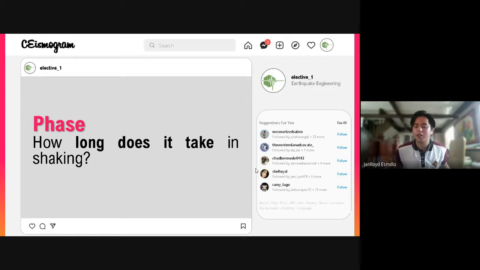It deals with the duration. And phase follows a specific pattern. Di ba pag sinabi natin phase, like in meiosis or mitosis phase, di ba meron siyang specific pattern or sequence na sinusunod? Ganun po sa phase. It is somehow relative sa time din, pero ang minimin po ng phase dito ay gaano po katagal ang isang shaking through following a pattern.